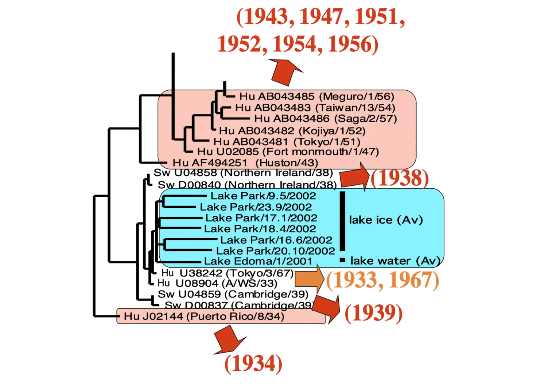And interestingly enough, in the cladogram or the phylogram, they came out very close to a couple of strains, one from Tokyo that was from 1933 and 1967, another group that were found in 1939, and then some others that were around in the human population in 1938. So we think this is evidence for this genome recycling over a period of many decades.